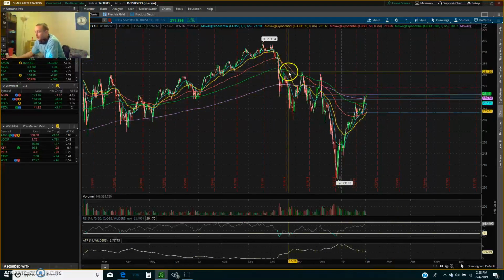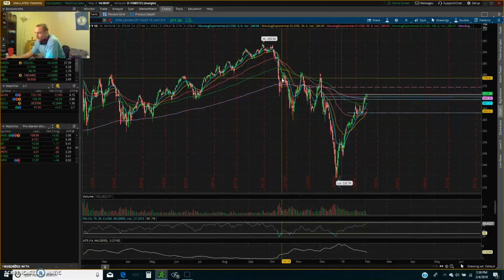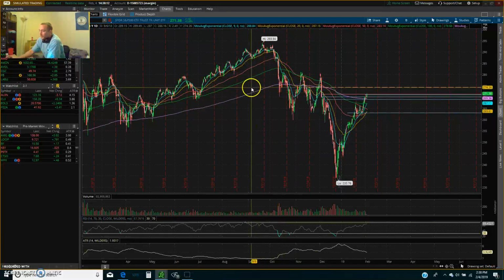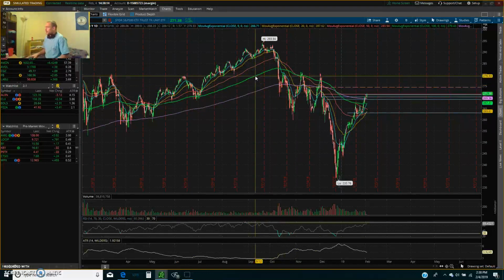So swing positions. Let's get into the difference between swinging and day trading. Now, a swing position is simply a stock that you buy and hold overnight. So with day trading, you buy it and you have to sell it in the same day. If you do not sell your position and close out and convert the stock into cash, then that becomes a swing trade.